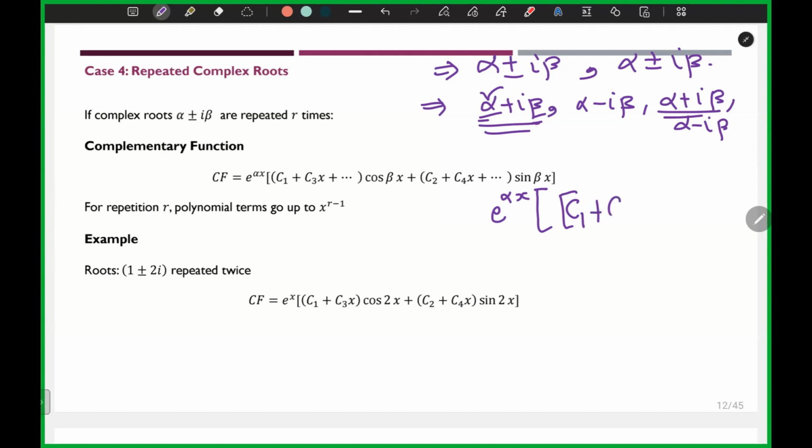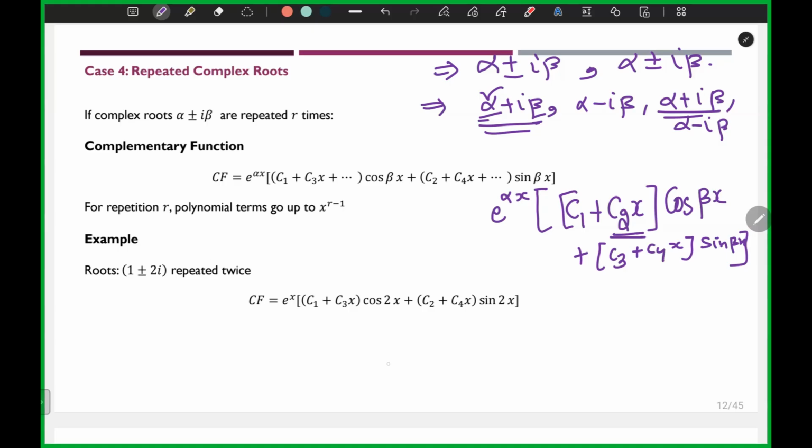So this is c1 plus c2 times x into cos beta x, and the same thing with c3 plus c4 times x into sin beta x. If you don't do it like this, then it will become a new constant.